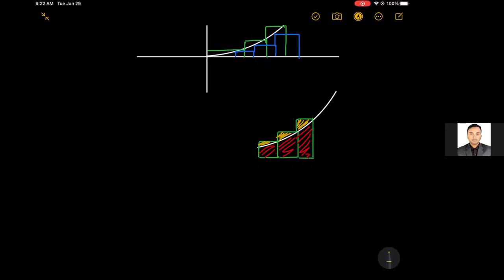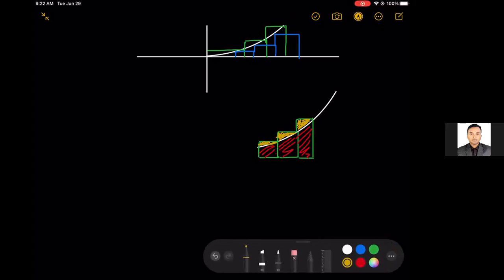Remember, I'm trying to find the area under this curve, okay? So if I add the areas of these rectangles, I'll have additional areas because of this yellow portion. Do you agree? Because it's actually over the curve. Do you agree?